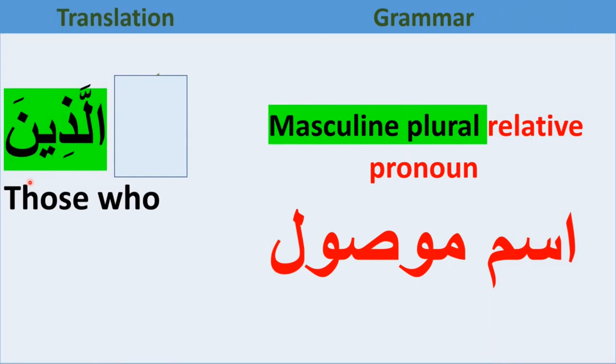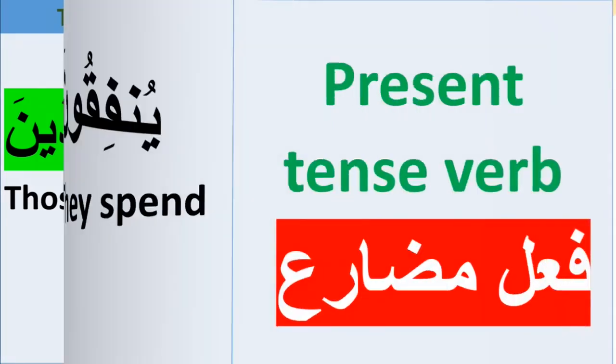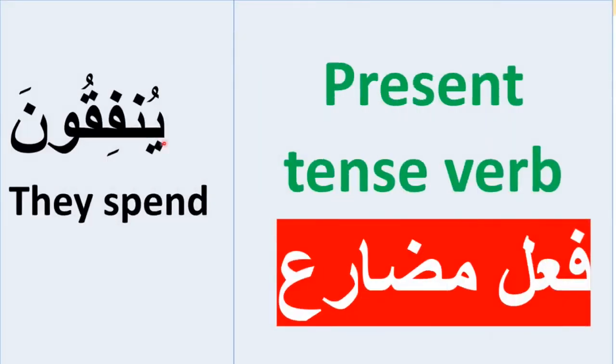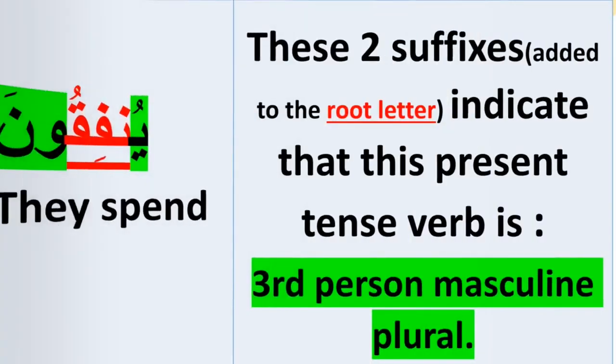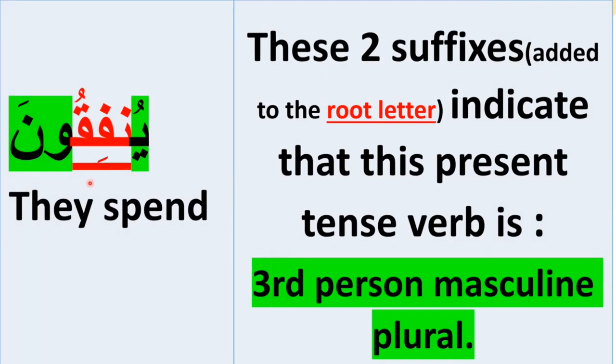الذين, those who. اسم موصول, masculine plural relative pronoun. ينفقون, they spend. فعل مضارع, present tense verb. ينفقون, they spend.